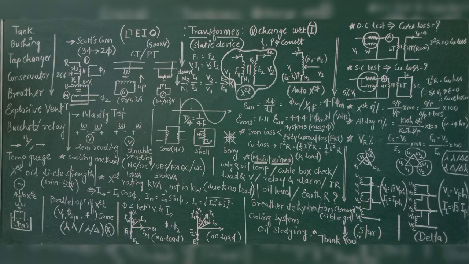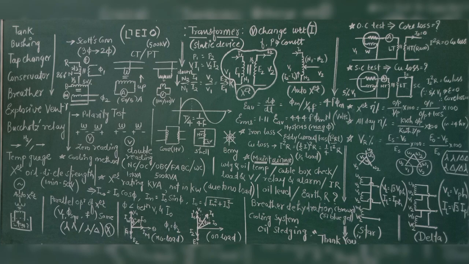Polarity test. If the polarity is the same, then the voltage shown by the voltmeter is a double reading. If the polarity is different, then the voltmeter shows 0 reading between the two transformers.